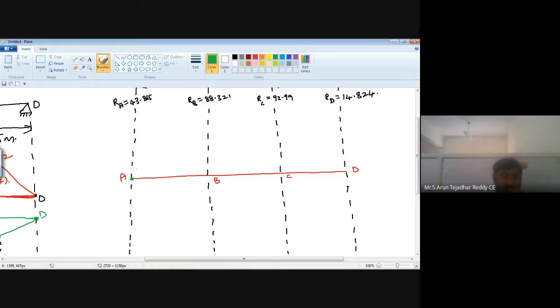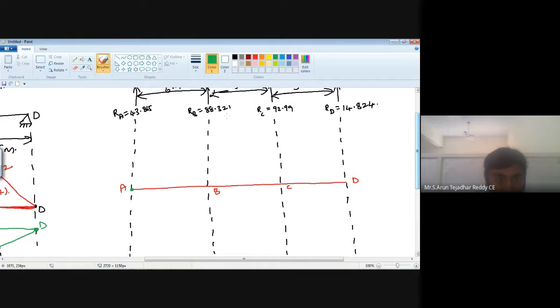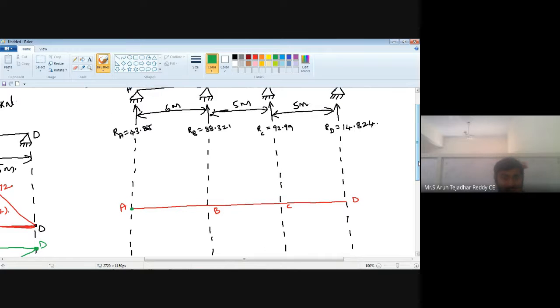Now check the reaction at RA. What is the reaction at RA here? 43.865. See, it is in the upward direction. What is our shear force diagram sign convention? Upward is positive. It means we'll get our positive value above the beam. So somewhere here.